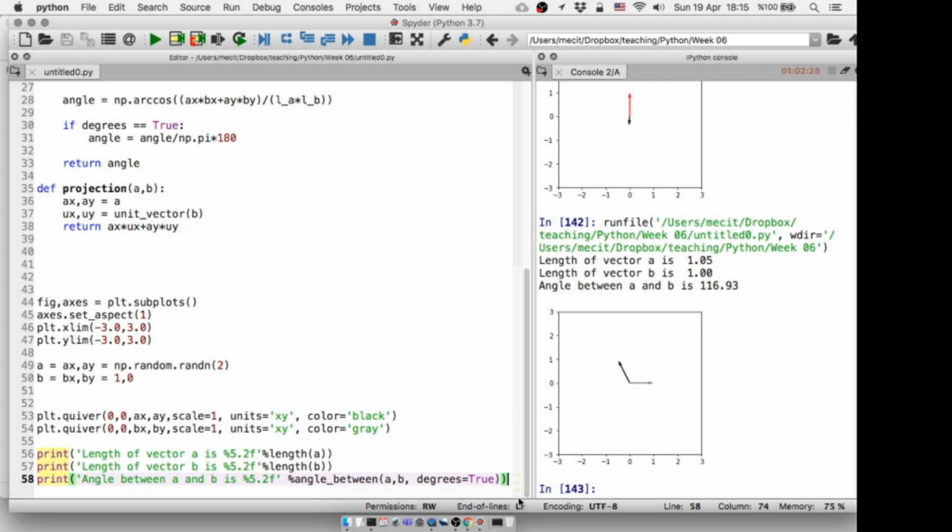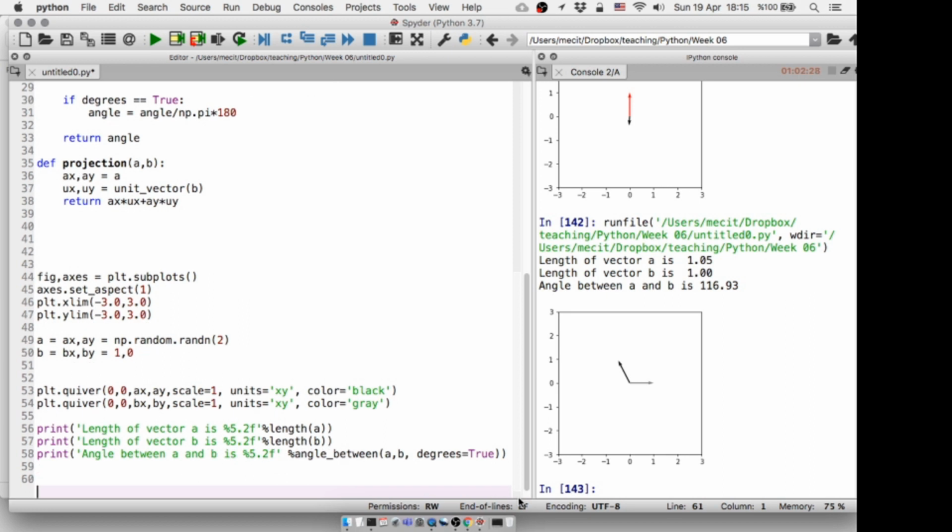Now to do the projection of A along the unit vector, I need to do something like this. Plot curve at the origin again. Now the length of my projection must be along the unit vector. The projection of this vector along this direction can, of course, be described by the unit vector. So here is ux and uy. The only difference is the scaling.